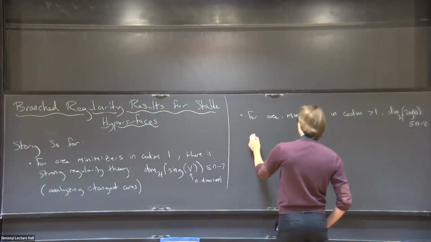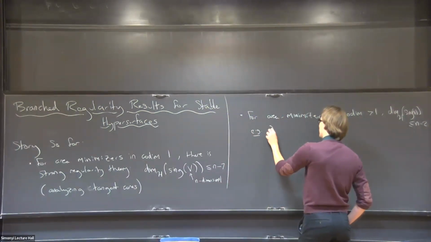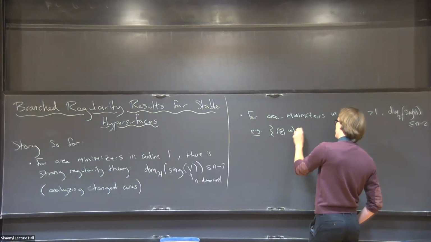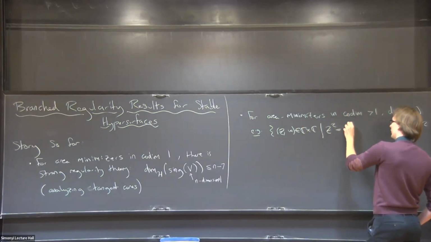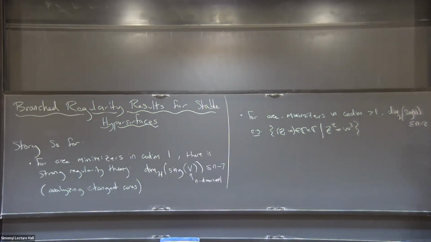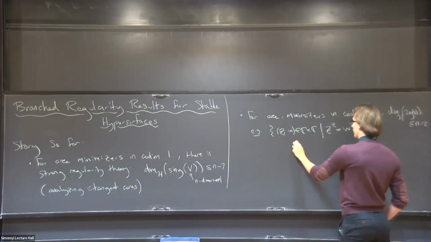So something like this is an area minimizer locally and has a branch point at the origin.